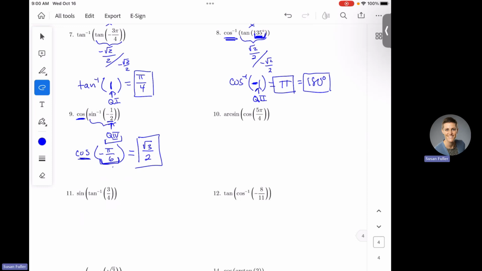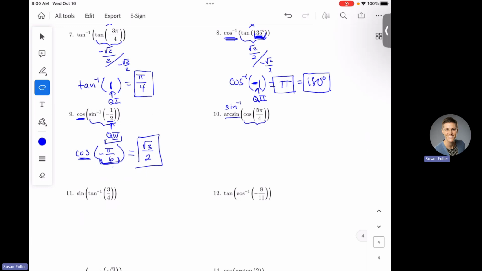All right, hopefully you've had a chance to work through that. We are going to find the arc sine. If your brain doesn't like arc sine, you can replace that with inverse sine. Those mean the same thing. Of the cosine of 5 pi over 4. We're going to start on the inside and do the cosine of 5 pi over 4 first. This is a forward trig function.